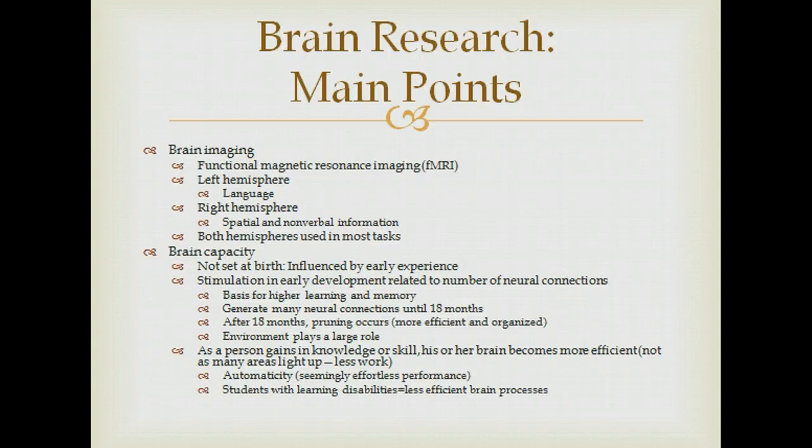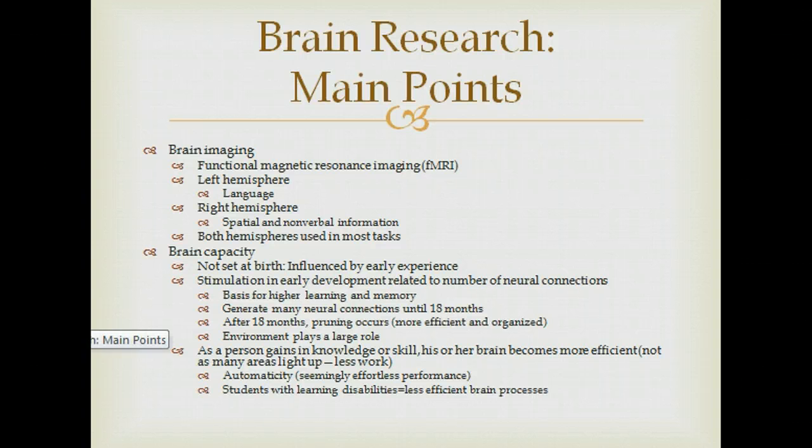And so while your student who does not have a learning disability might only have a couple areas of his or her brain lighting up when engaged in a classroom task, your student who has a learning disability might have many more areas lighting up, which means they are doing much more cognitive work to accomplish the same goals as their peers who don't have a learning disability. And so that's just important to remember that these students are actually doing more work with their brain, and so we can't tax them with keeping up at the same rate on all of their tasks as their peers who don't have learning disabilities.